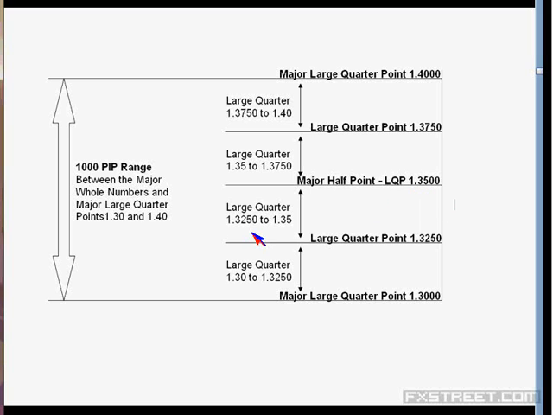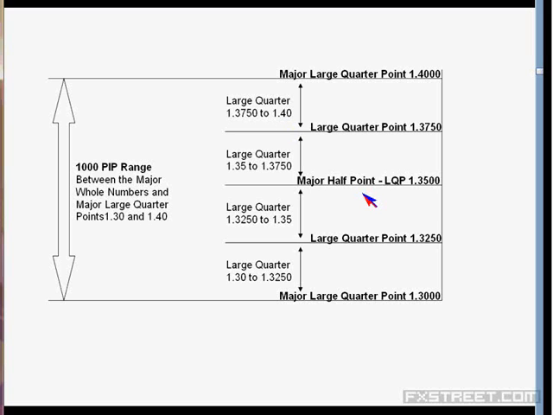In this example, once again, we're looking at the 1,000 pip range between $1.30 and $1.40. When we divide that range, we will get 4 large quarters of 250 pips each: between $1.30 and $1.3250, $1.3250 to $1.35, $1.35 to $1.3750, and $1.3750 to $1.40.